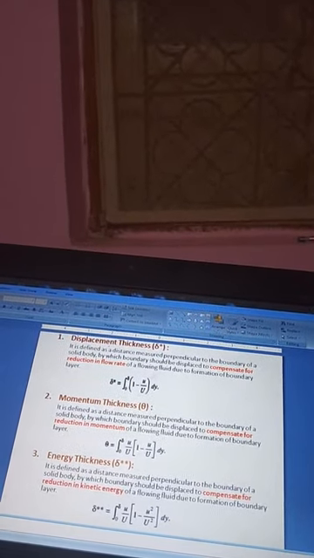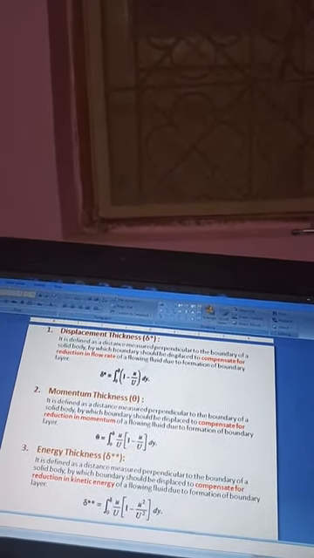The third quantity is the energy thickness, which is denoted by delta star star, and it is again defined as the distance measured perpendicular to the boundary of the solid body by which the boundary should be displaced to compensate for the reduction in kinetic energy. The formula is in front of you: delta double star is equal to the integration from 0 to delta of u by capital U into bracket 1 minus u square upon capital U square into dy.